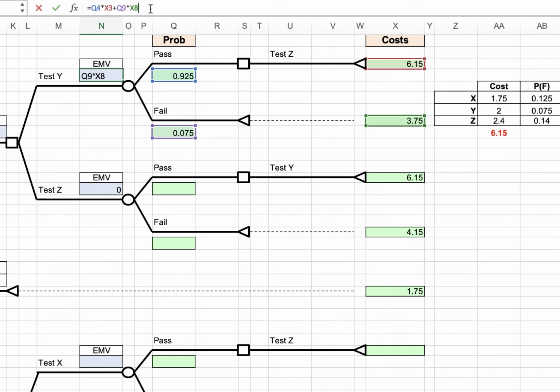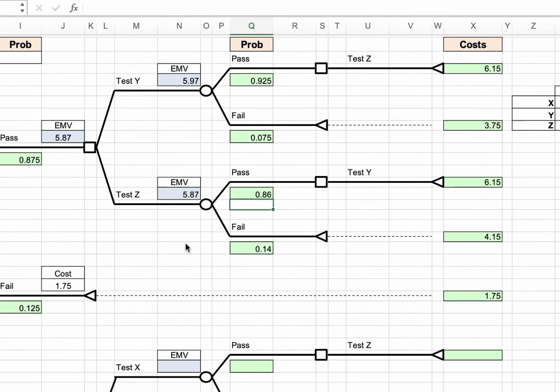So we can see that EV is determined by probability times payoff, here a cost, plus probability times the cost. Let's do the probability for test Z. The probability of failure is given as 0.14, which means the probability of pass is equal to 1 minus 0.14.